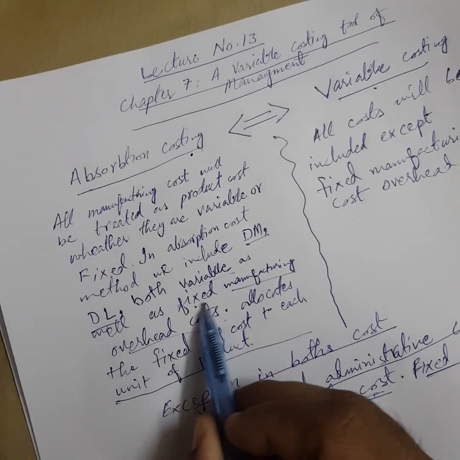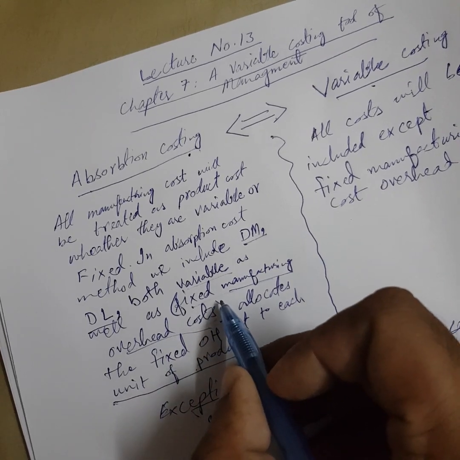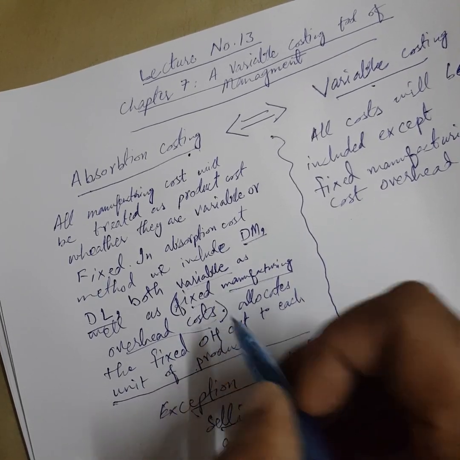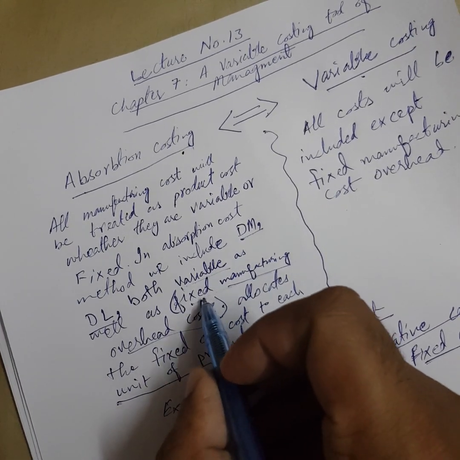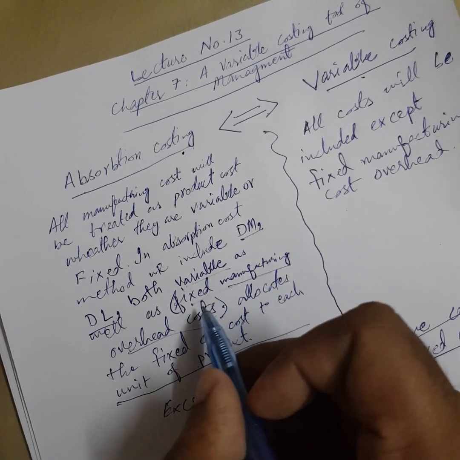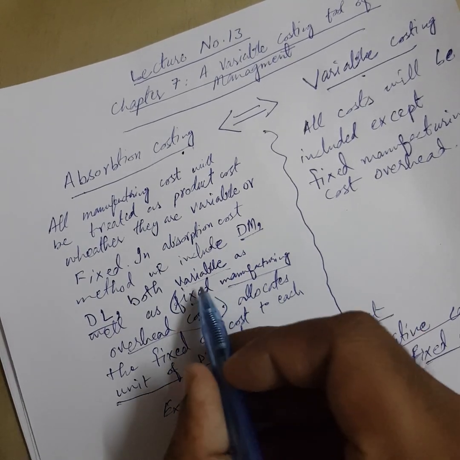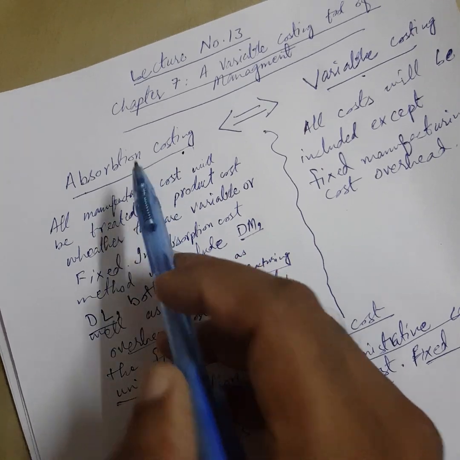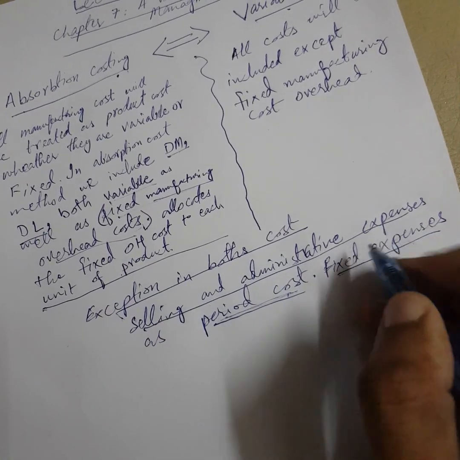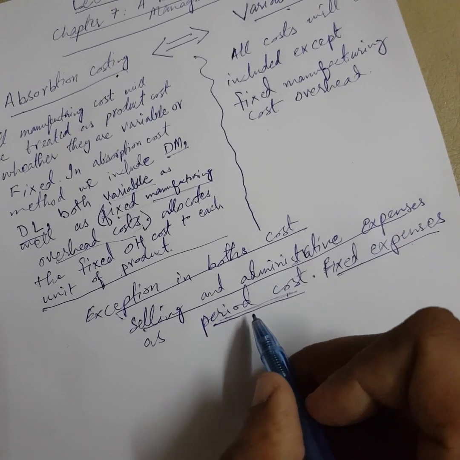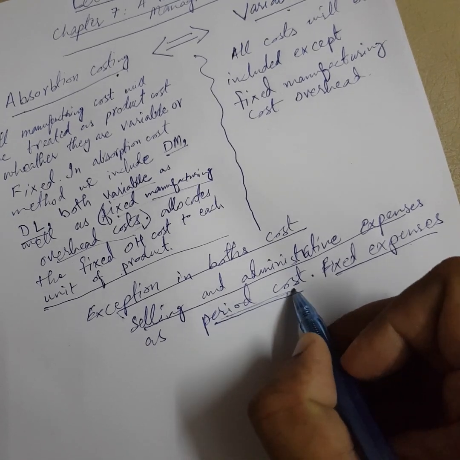Here the concept of fixed manufacturing overhead cost includes factory rent, factory electricity charges, factory overheads, factory vouchers. So these will be the fixed manufacturing overhead costs. That's why we are including them in absorption cost. And as you know, fixed selling and administrative expenses are not included in the product but are for the product, so that's why we will call them period cost.